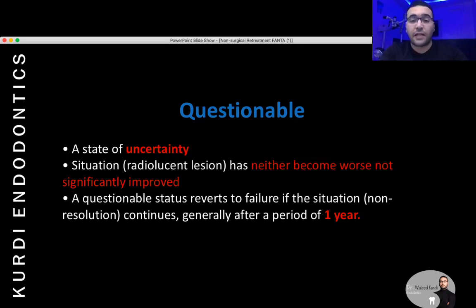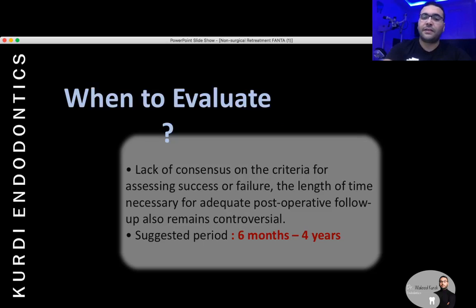Please, because I saw a lot of cases with some great endodontists and friends who want to just follow up for 20 or 30 years when there is a lesion. So do not mix between this and that.